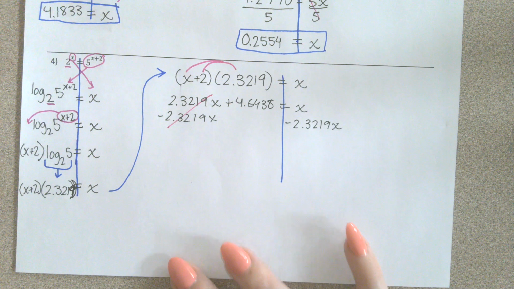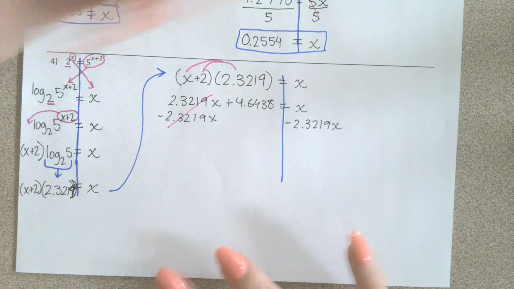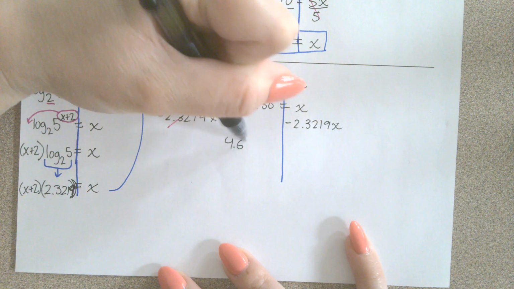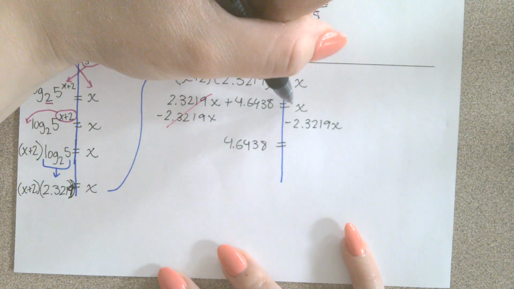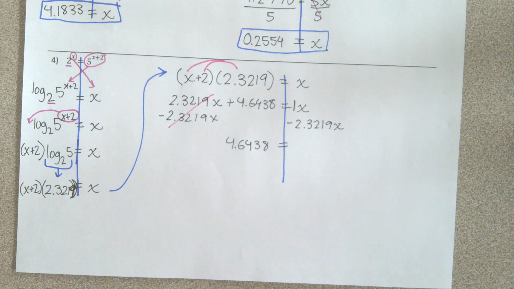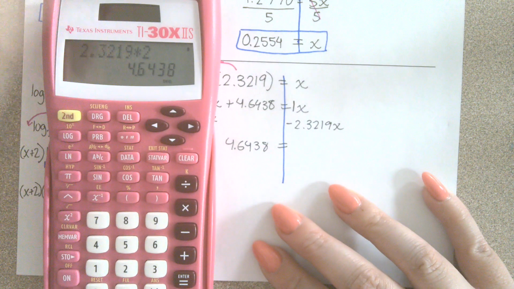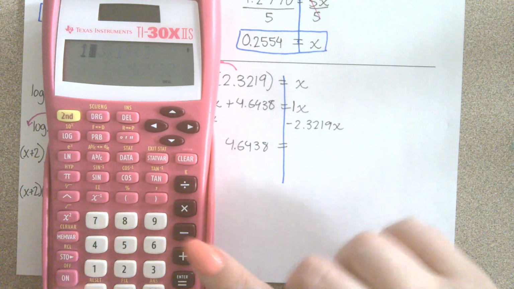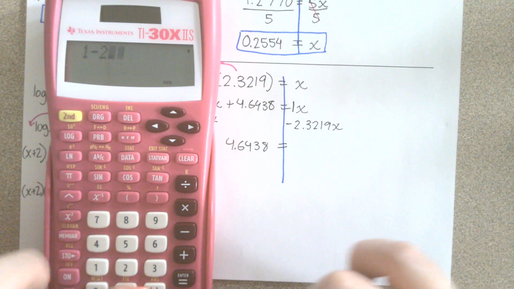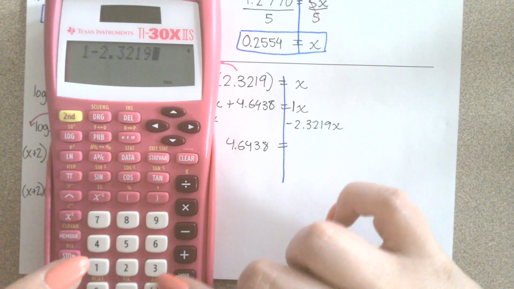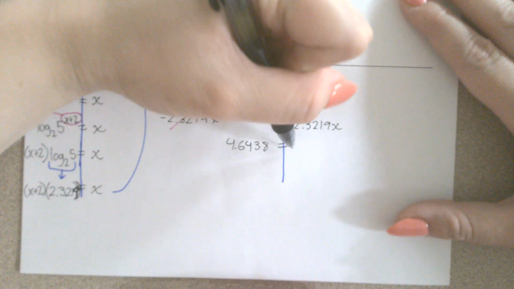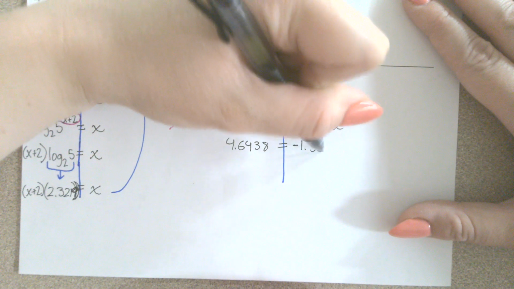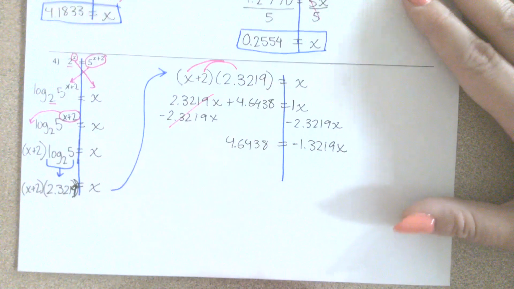Again, on these problems, you just need to take your time, step by step. 4.6438 equals, now remember, this is a 1x. So it's 1 minus that. Again, use the calculator. 1 minus 2.3219. We get that. Negative 1.3219. Remember, it's still an x.